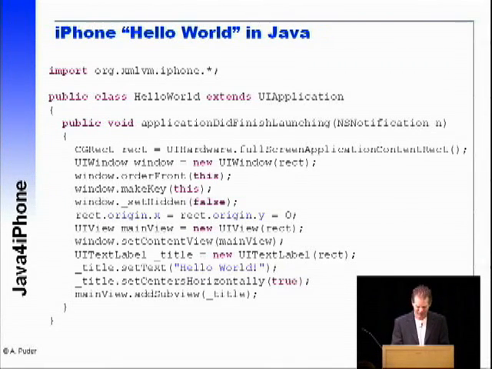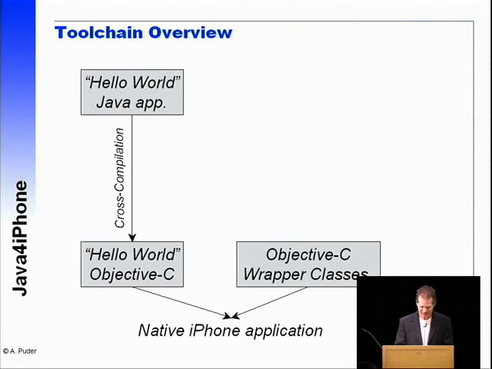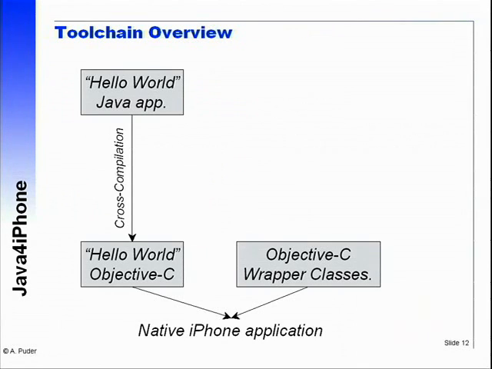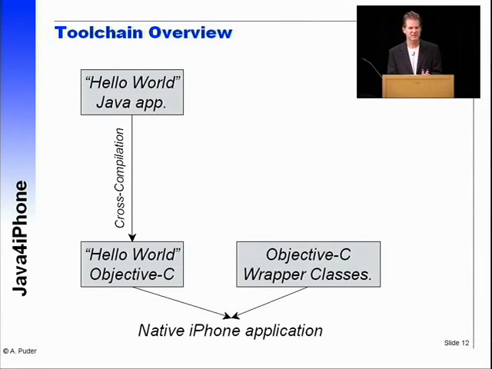While we have this Hello World application, and I have not yet told you how we do cross-compilation, just believe me for now that we can cross-compile this Hello World over to Objective-C. If we use the Objective-C compiler, then you just link it with the native Cocoa library to create a native iPhone application. You can run that on the iPhone.